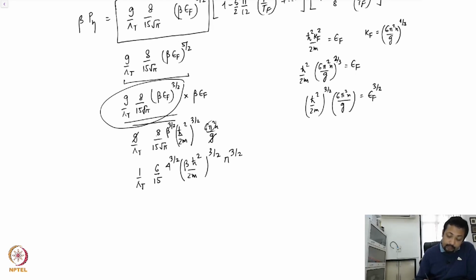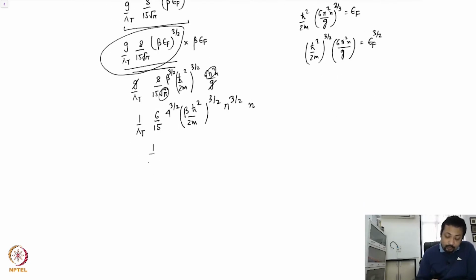There is a pi squared in the numerator, there is a square root pi in the denominator, that gives you pi to the power 3/2, and then finally I have n.